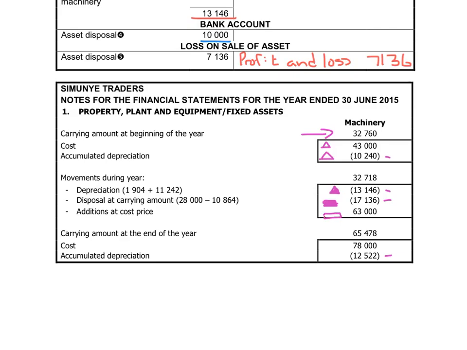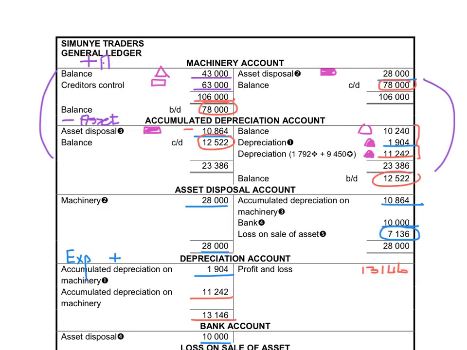Then I will do a calculation, 63 minus 17,136 minus 13,146, and that will give me my total movements during the year.